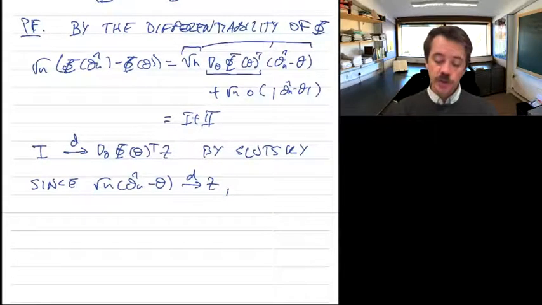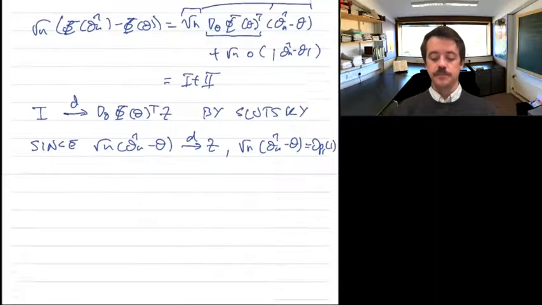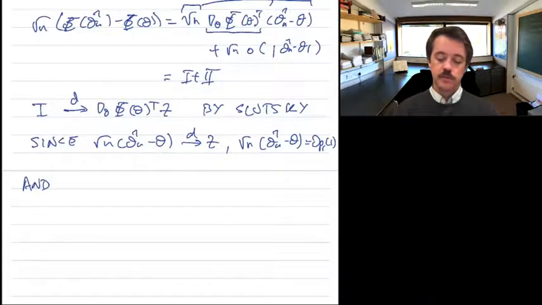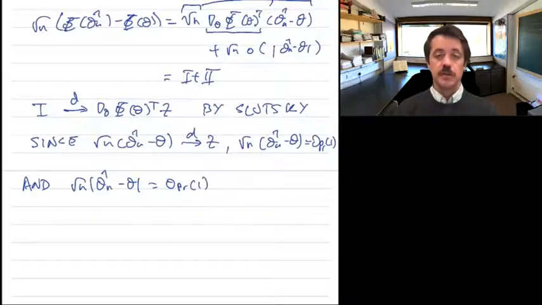So then we know that the square root of n times theta n minus theta is O_P of 1. And the same happens to this one. There's no difference, it's the absolute value, and if you like, you can say that.